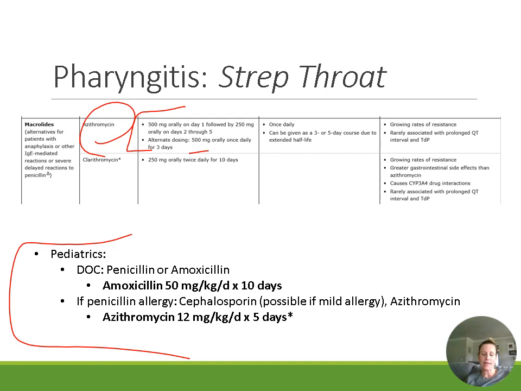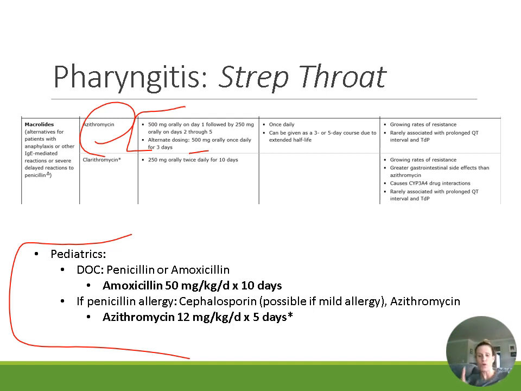One thing that is important to keep in mind with azithromycin is that when we look at the dosing for strep throat, we do not give the Z-Pack type dosing. There are situations when we do that for azithromycin.